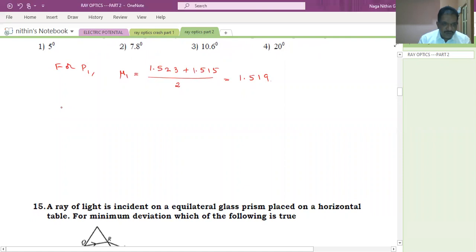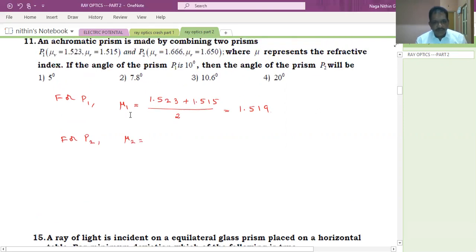Next, for P2, mu2, I am assuming 1.666 plus 1.650 by 2. So this will be 1.658. That is mu1, mu2 values.